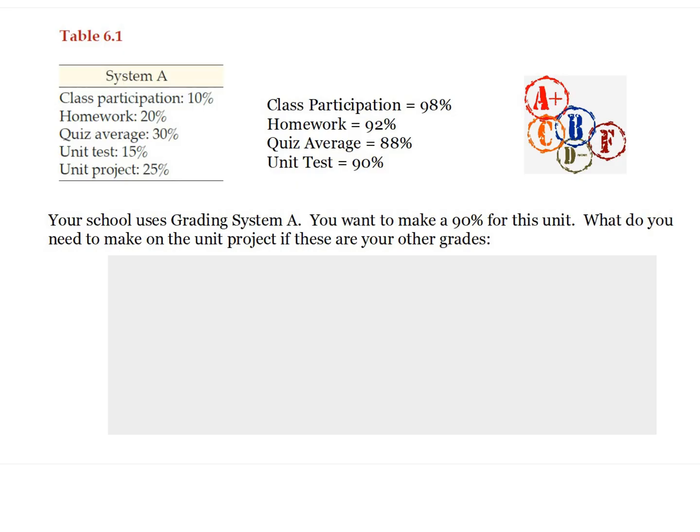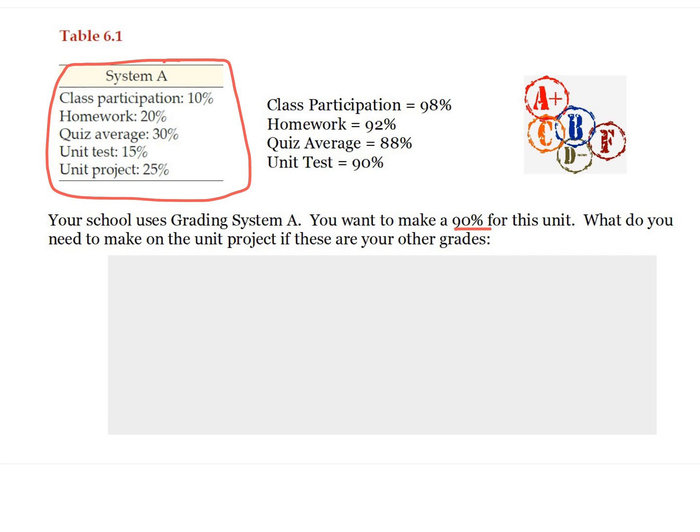Okay, so here's an example of a grading system, and you have some of your grades already entered, but then you're going to try and figure out what you need to make in order to get a 90% for this unit. So your school uses grading system A, so here's grading system A, the percentage values. You want to make a 90% for this unit.